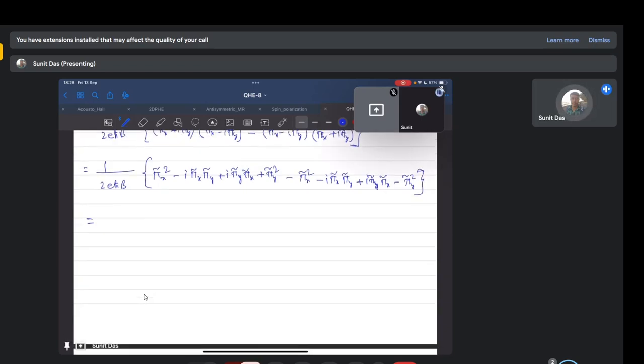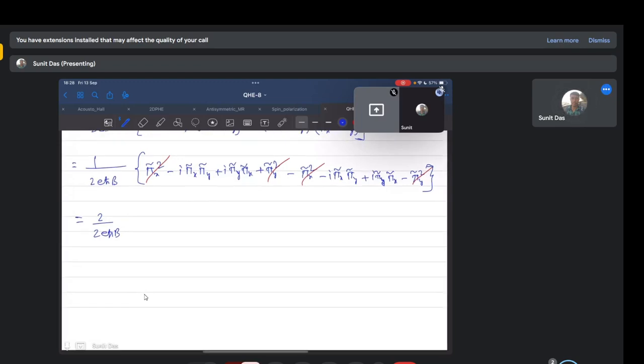Again, similar to the previous case, these terms are going to cancel, and we'll have 1 over 2eħB.